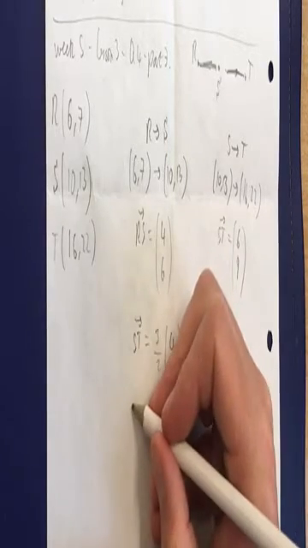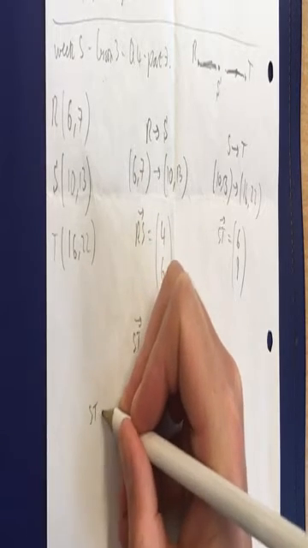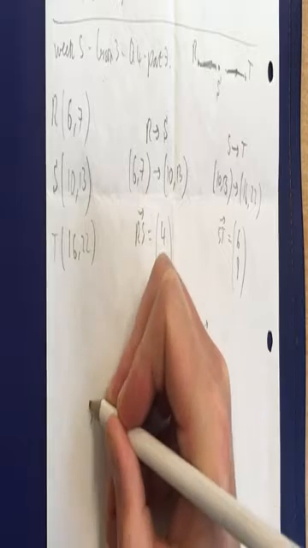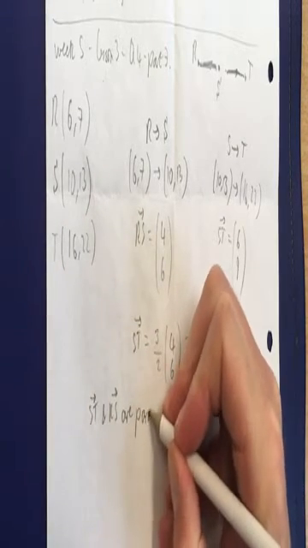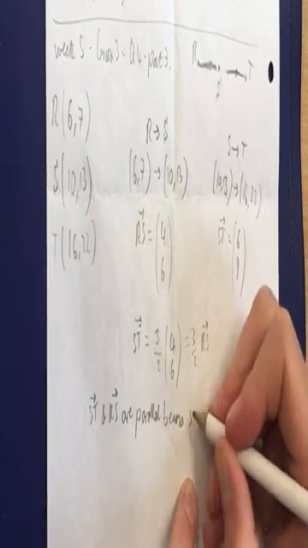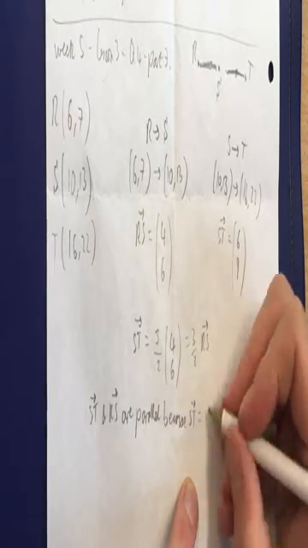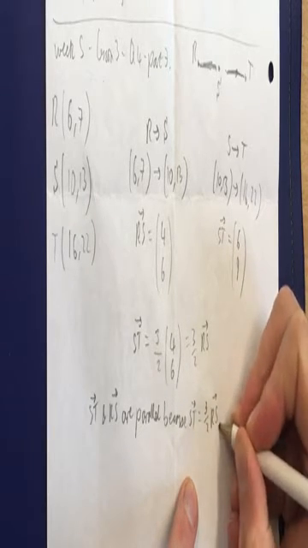Then I can write down a sentence, something along the lines of: ST and RS are parallel because ST equals 3 over 2 RS.